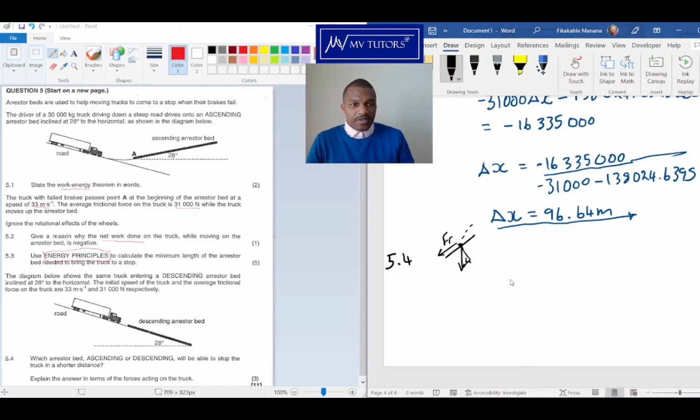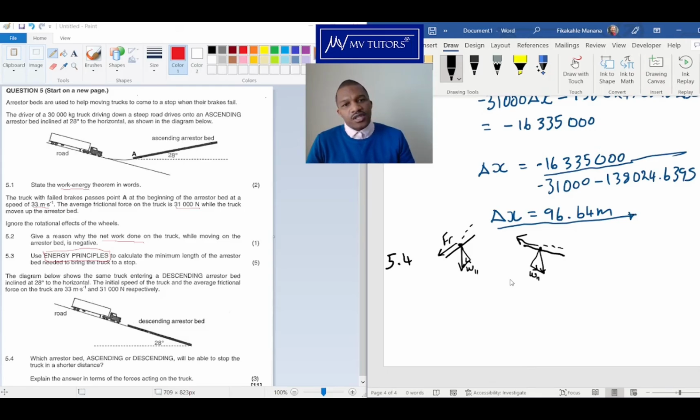Okay, we've established that, but under scenario 2 now, where it's descending, motion is going that way, so friction is going the opposite way. It's going up, and then we've got the weight, and if we resolve the weight, then the parallel weight is moving down with the motion.